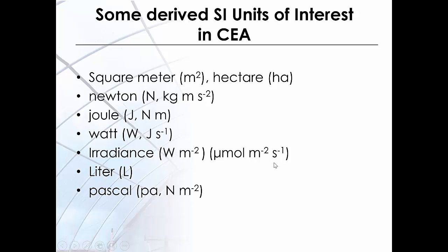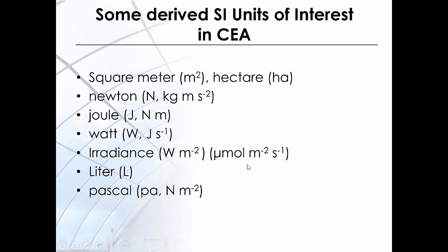For example, if you're trying to quantify the photosynthetically active radiation, the PAR is normally quantified as micromoles of photons received per unit area per unit time, and that's actually a measure of the photosynthetic photon flux density, or PPFD.